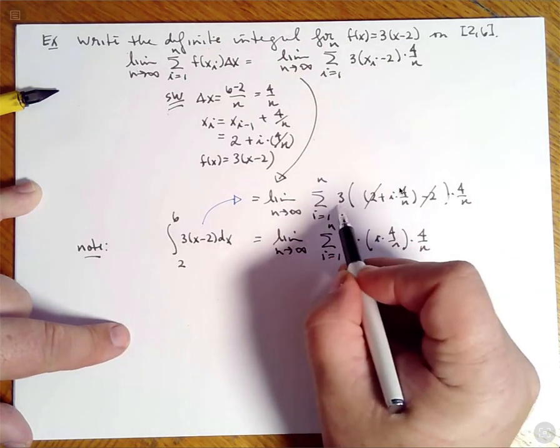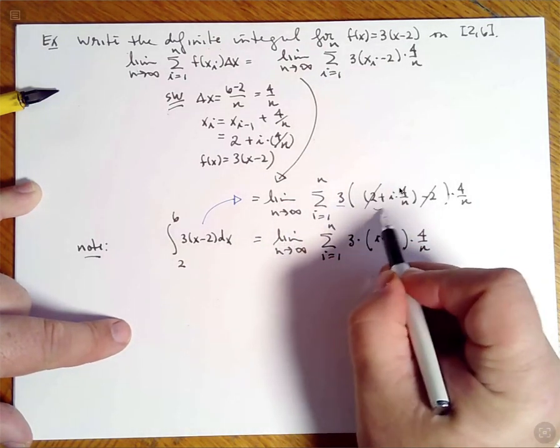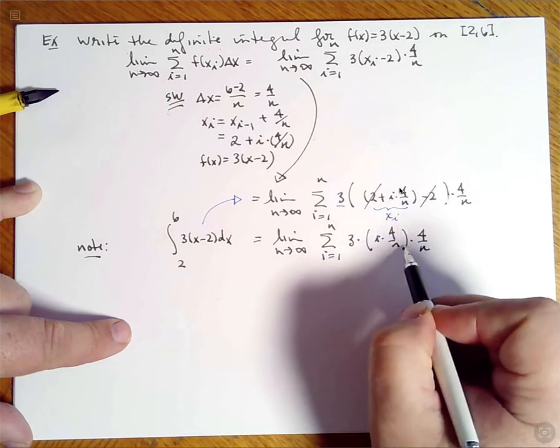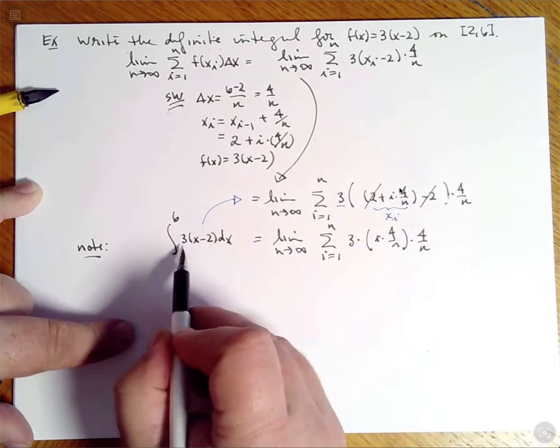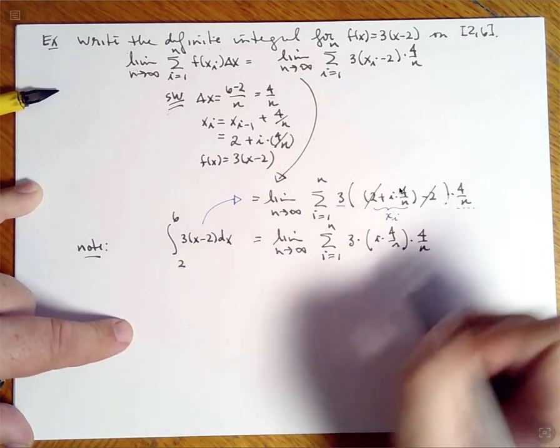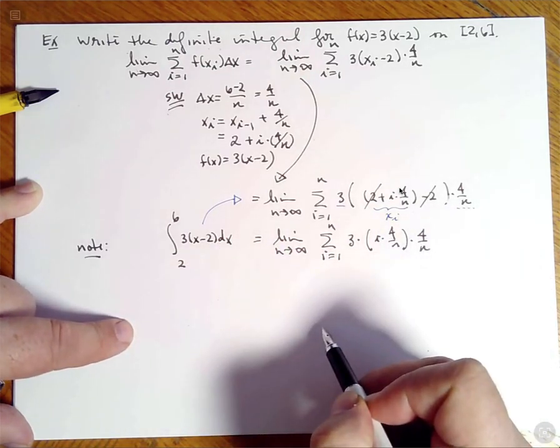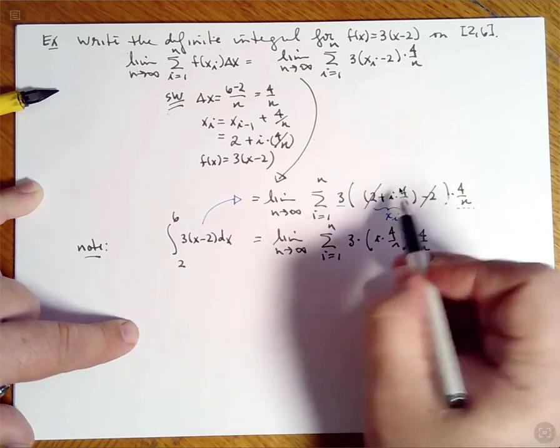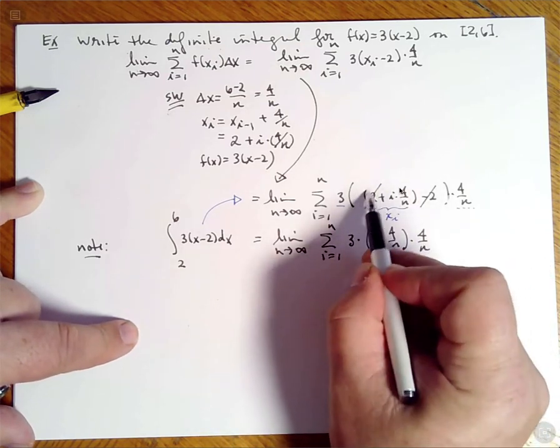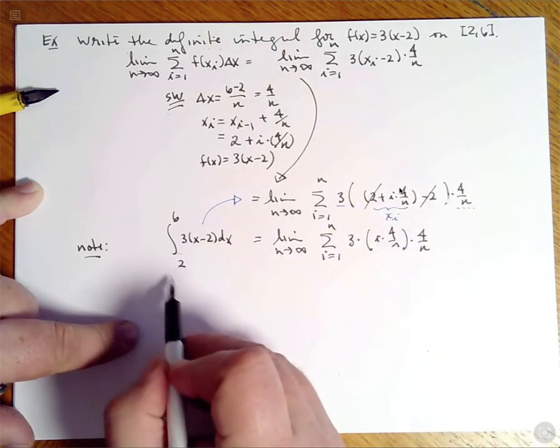Because you've got this pattern, 3 times something that looks like an xi minus 2, you can kind of see that pattern there in the integrand. You can see out here everything's multiplied by my delta x. And this is the xi, so you can see that's the 2, that's the lower limit.